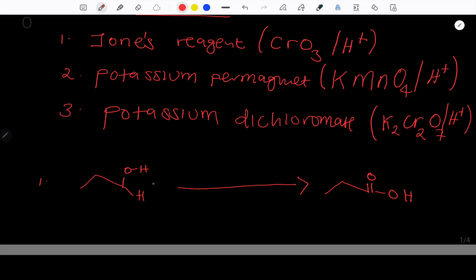What reagent can you put there? Because this is a primary alcohol to carboxylic acid, automatically this qualifies to be called a complete oxidation process. So we're going to use a strong oxidizing reagent. For example, you can just put your Jones reagent here, in the form of an acid.